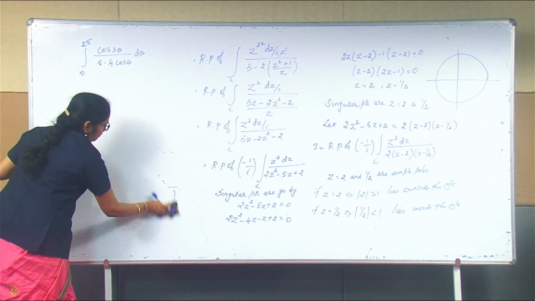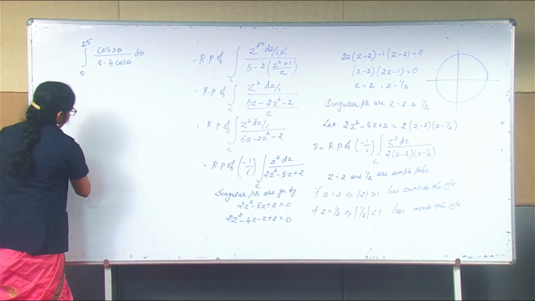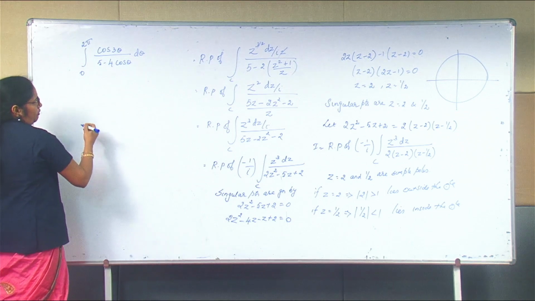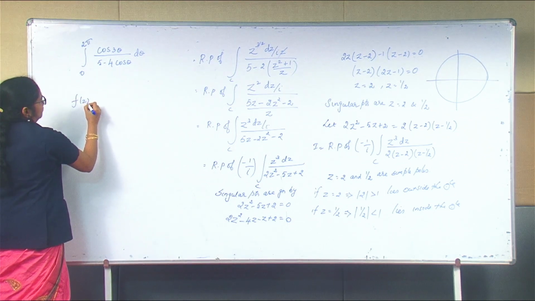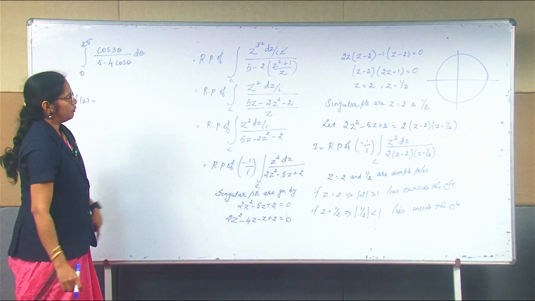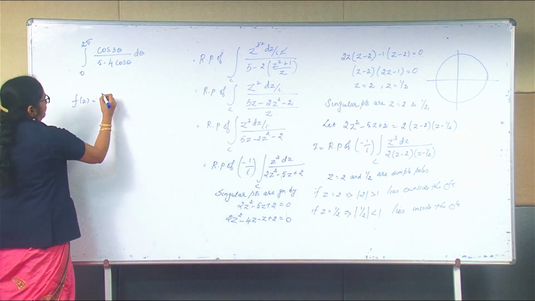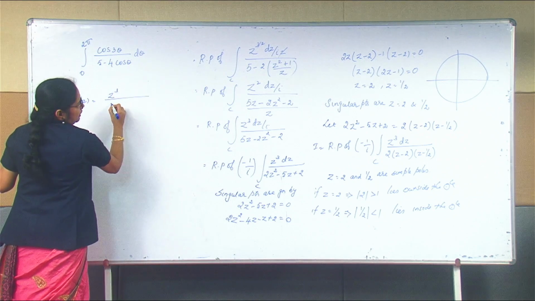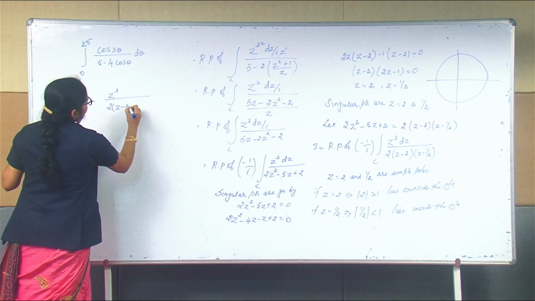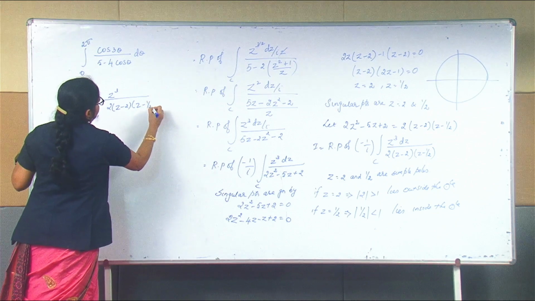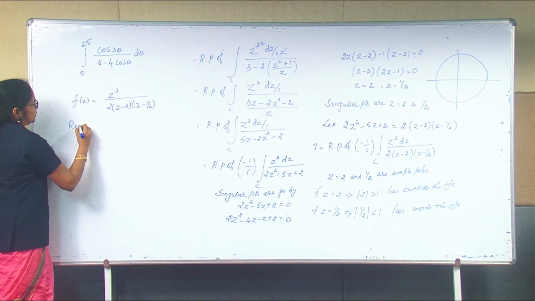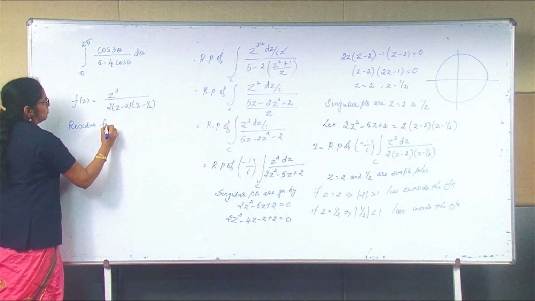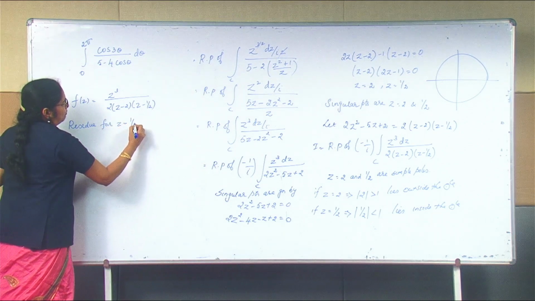Before that, I am writing what is f of z, then the residue formula. So f of z is z cube by 2 into z minus 2 into z minus half. Now the residue at z equal to half.